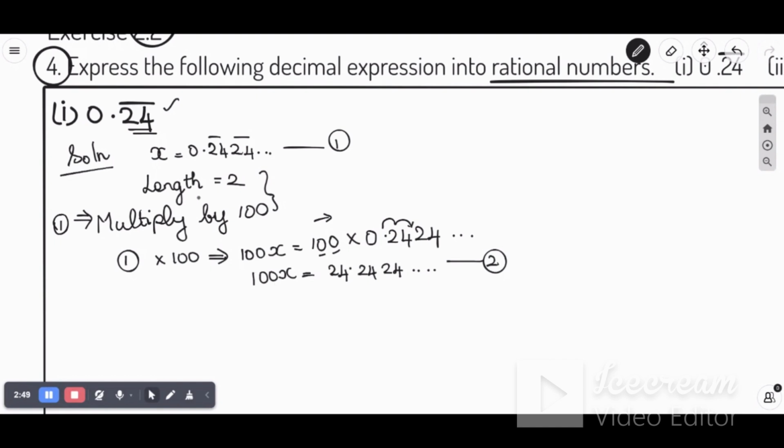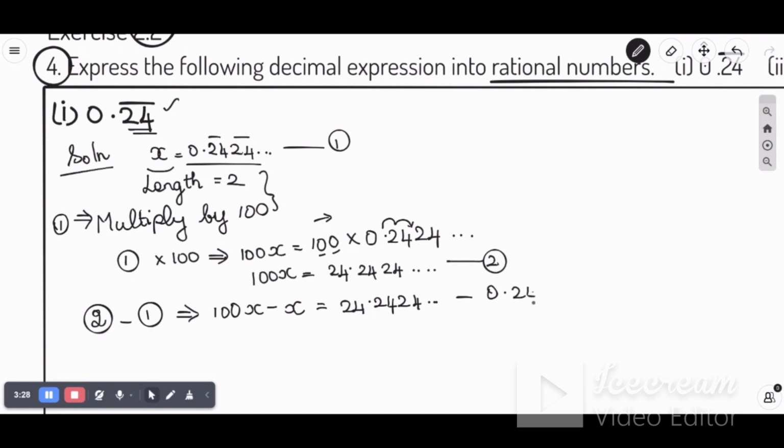So equation 1 and 2, if you could see here, these are the two equations. What I am going to do now is subtract equation 1 from equation 2. So 2 minus 1. On the left hand side we have got 100x minus x, the left hand side of equation 1. And then let us move on to the right hand side. It is 24.24 recurring, and then you have to subtract the right hand side of equation 1, that is 0.2424.